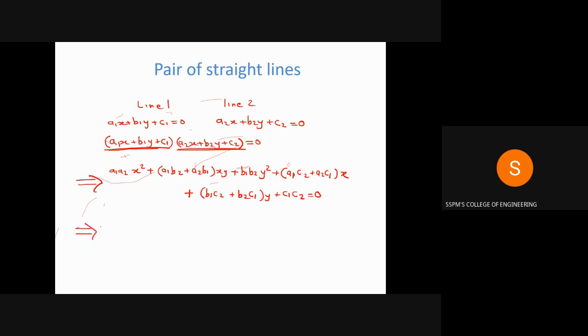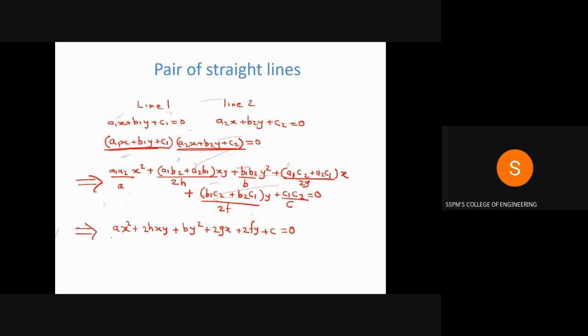It can be written in simplest form as ax square plus 2hxy plus by square plus 2gx plus 2fy plus c is equal to 0. Here for a1 a2 we wrote a, for this part 2h, for this b, for this part 2g, for this part 2f, and this product will be considered as c.